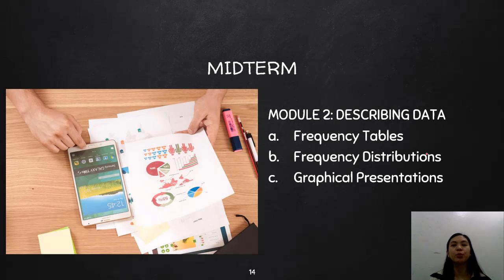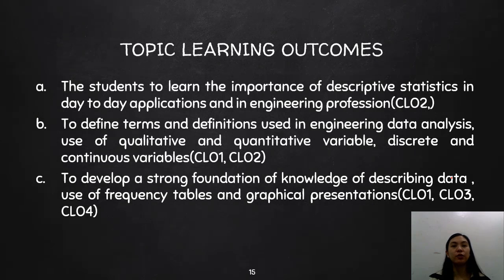And you also have your module number 2, how can we describe the data that we have obtained. We will be covering your frequency tables, your frequency distributions, and of course graphical presentations. After module number 1 and module number 2, these are the things that you should have learned already.